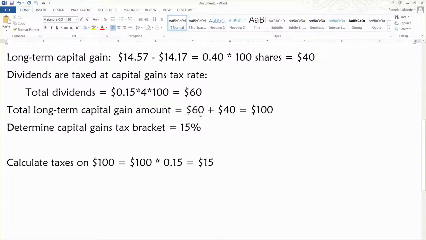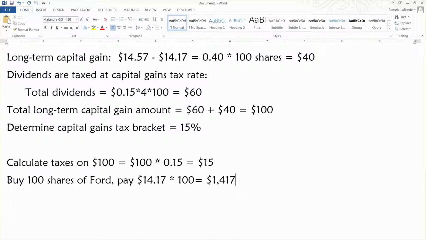Now I want to point out something. When I buy my 100 shares of Ford, I have to pay $14.17 times 100. So the cost is $1,417. And then when I sell my 100 shares of Ford, I will receive $14.57 times 100 shares.